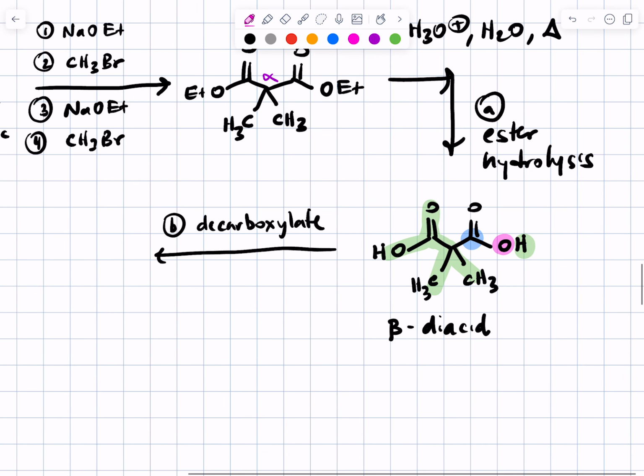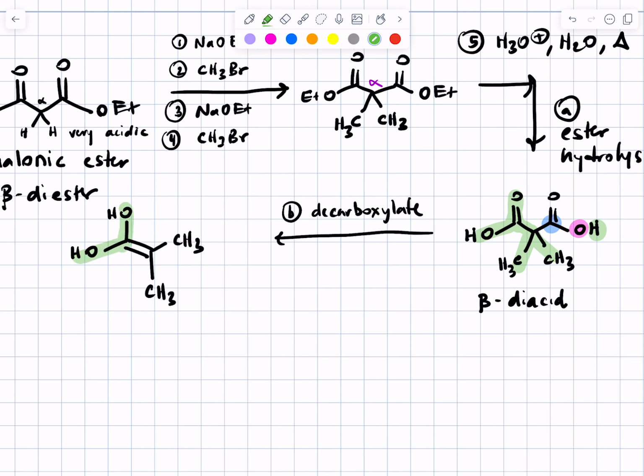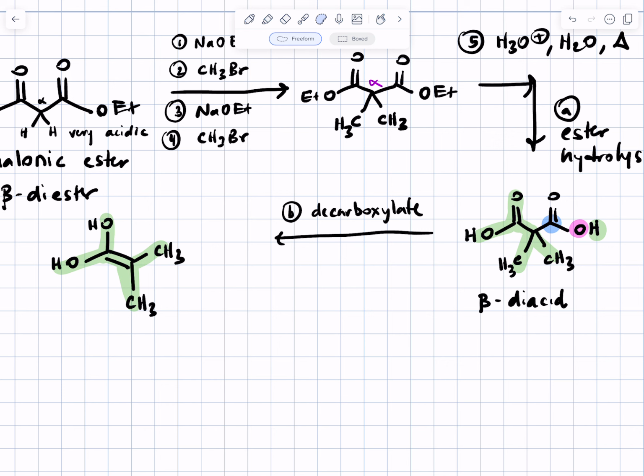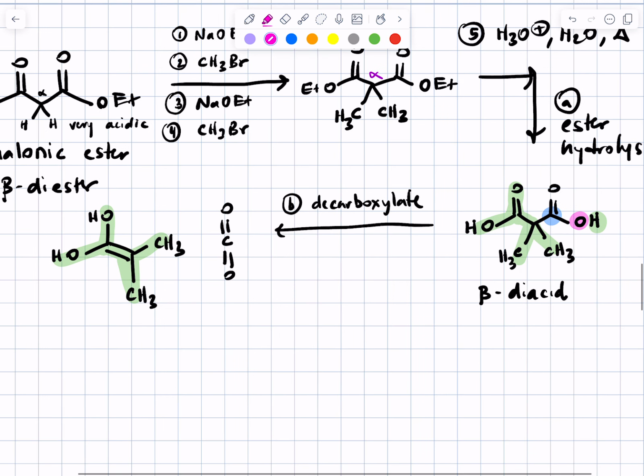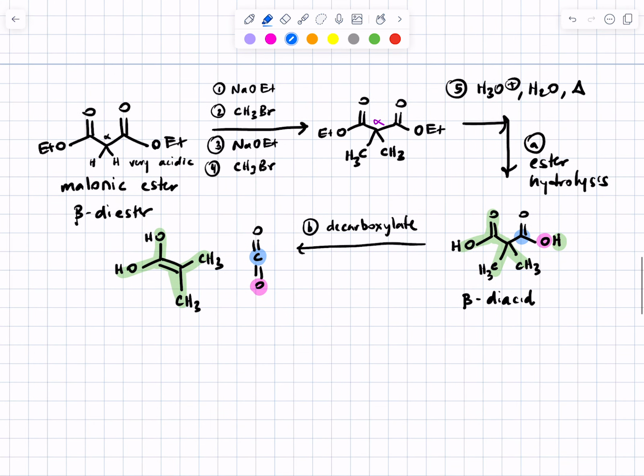So what we will be left with after that decarboxylation step is the following enol intermediate, just like we saw above. Nothing really new here, only there are two OHs on the enol, whereas there was only one above. And then here's your CO2 that gets lost. There's the kicker offer oxygen, there's the carbon. Okay?